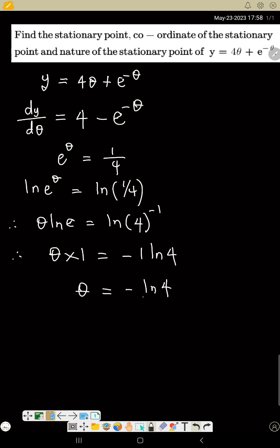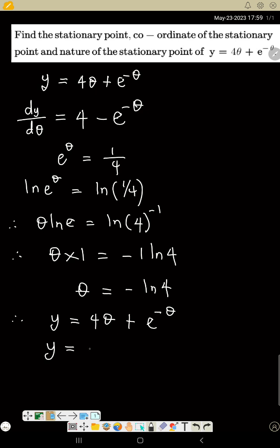So we need to find y now. Since we know theta, to find y, y equals 4 theta plus e raised to power minus theta. That is our y. Anywhere you see theta, put minus ln 4.